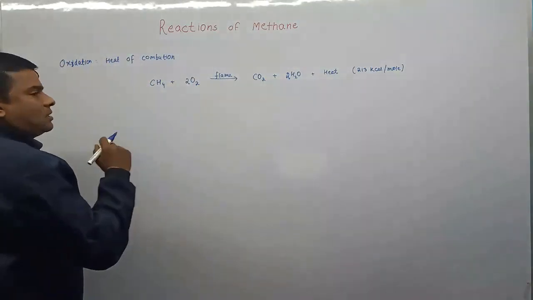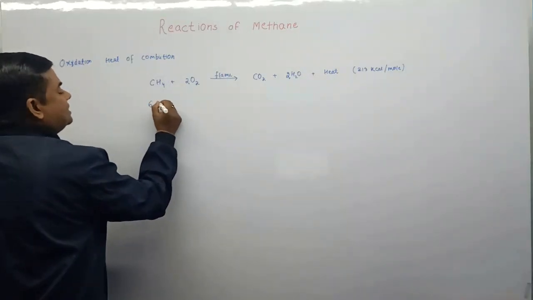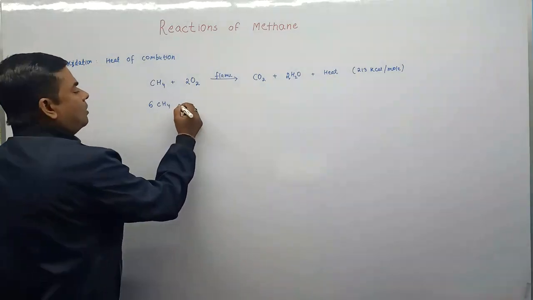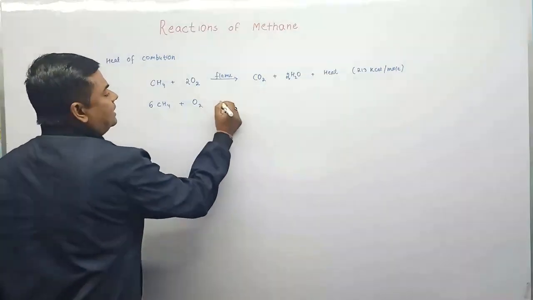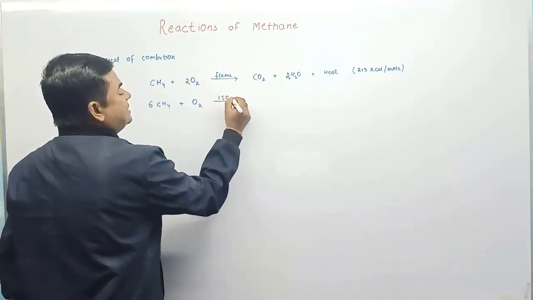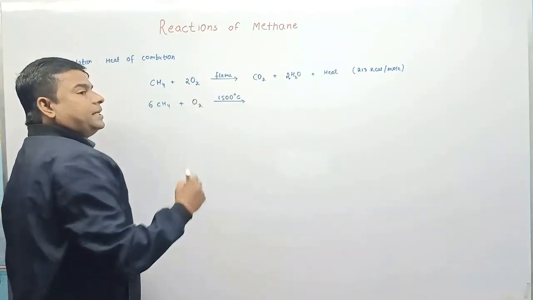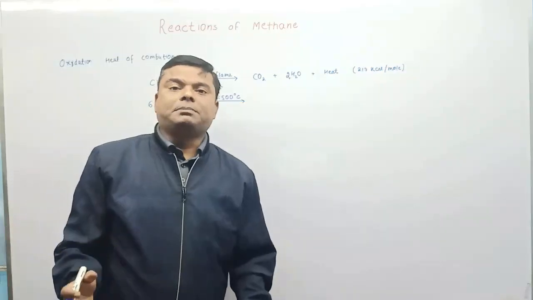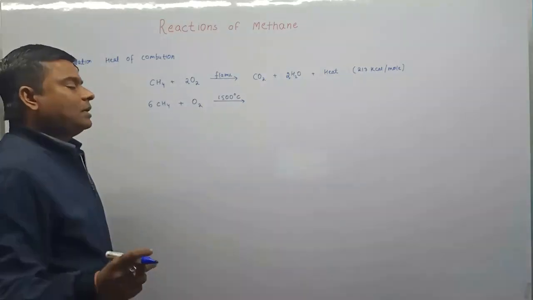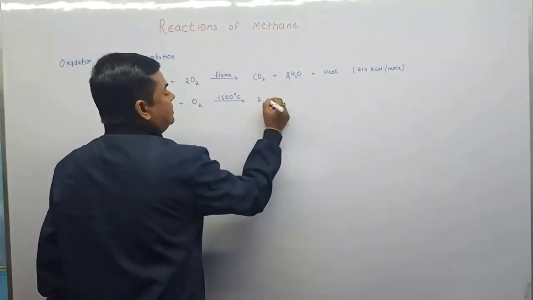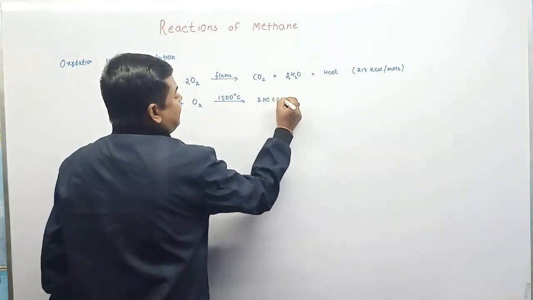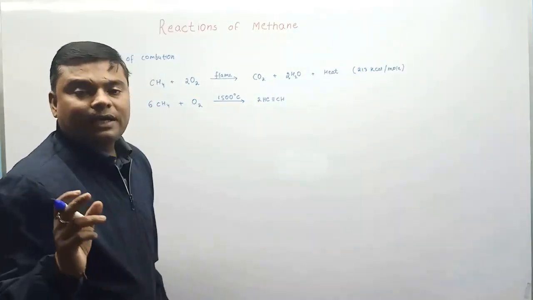Another reaction with oxygen, we can write here: 6CH4, that is, 6 moles of methane reacted with oxygen in vigorous conditions, that is, heat at 1500 degrees Celsius. This is not at room temperature, but it's a vigorous reaction. In this reaction, we get a principal product, that is HC≡CH, the family of alkynes.